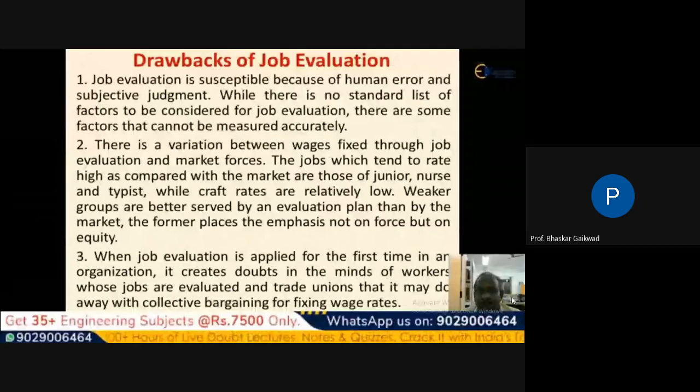So there is a contradiction or variation between the wages paid by your company for a particular job and the wages paid by the other company for the same job. This creates doubts in the labor whether to work in your company or to move on to the next company. So this drawback is an important one in the case of job evaluation.